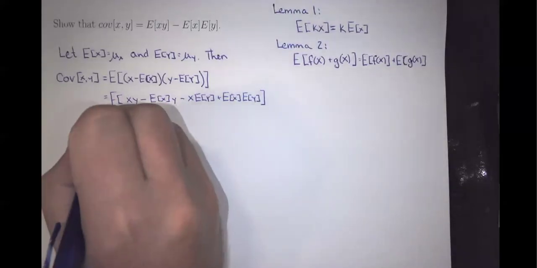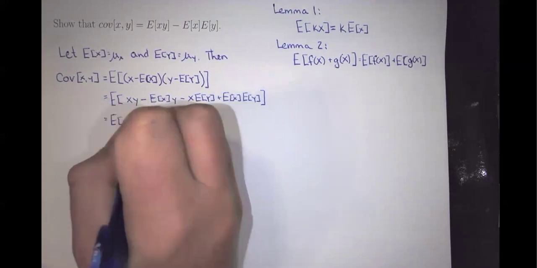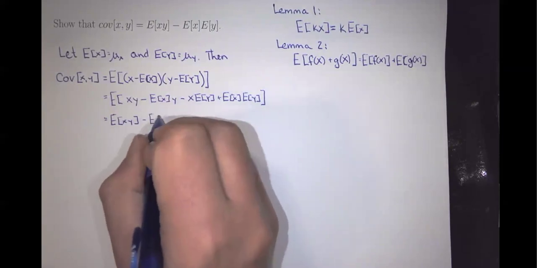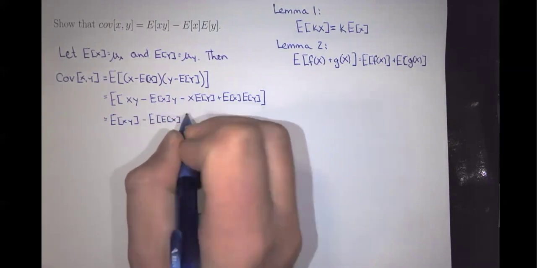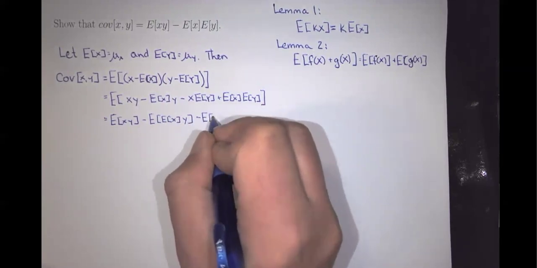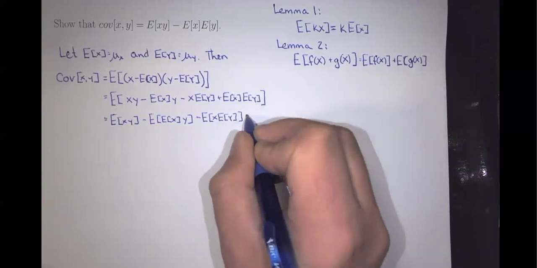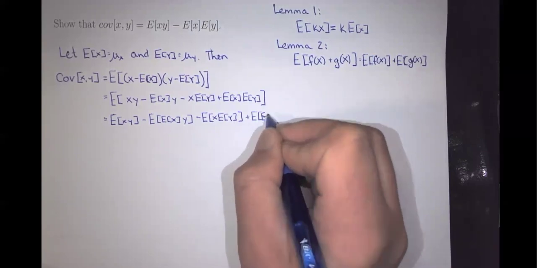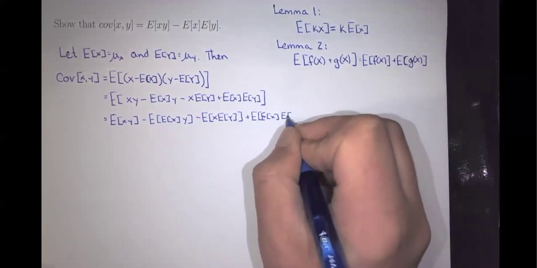So this should be equal to the expected value of xy minus the expected value of the expected value of x times y minus the expected value of x times the expected value of y plus the expected value of the expected value of x times the expected value of y.